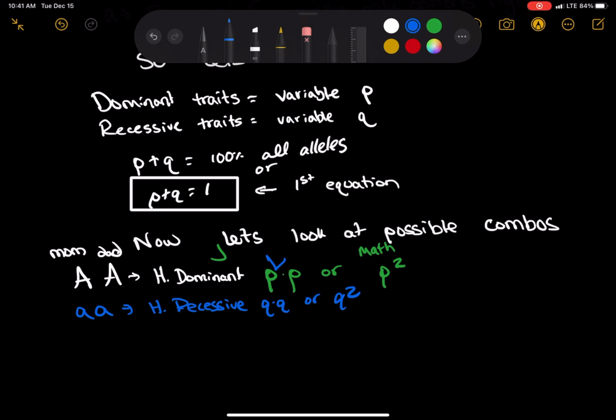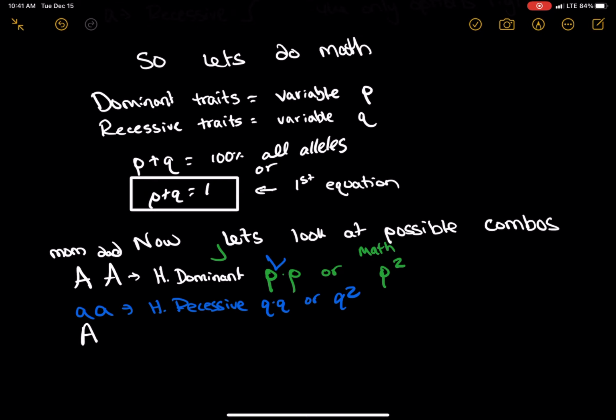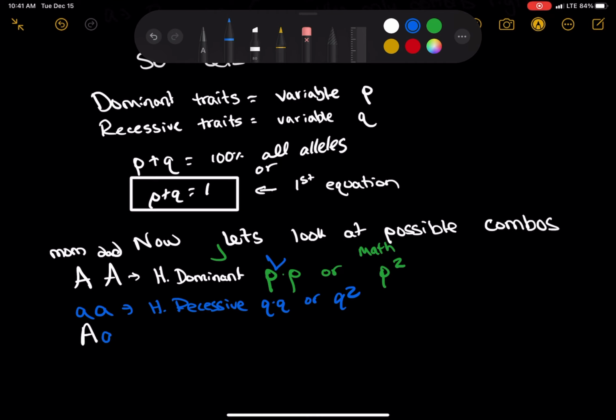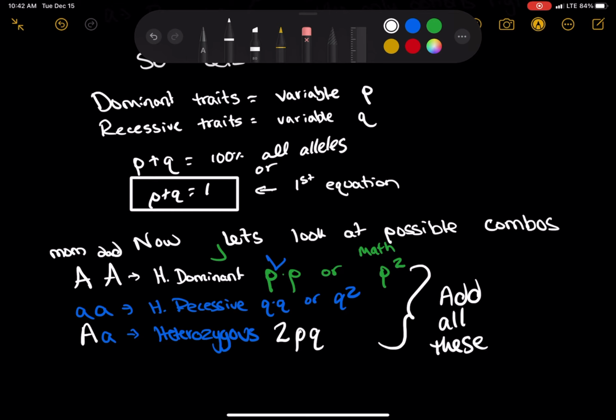What happens if you combine them? This would be big A, little a, which is heterozygous, aka PQ, and then we put a 2 in front of it, so 2PQ. If we add them all up, that gives me all the options: homozygous recessive, homozygous dominant, and heterozygous.